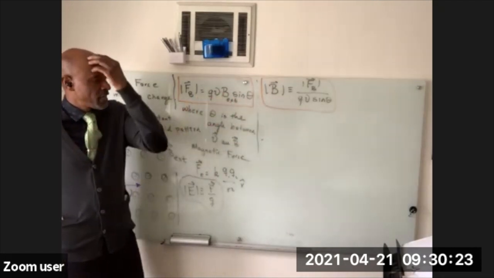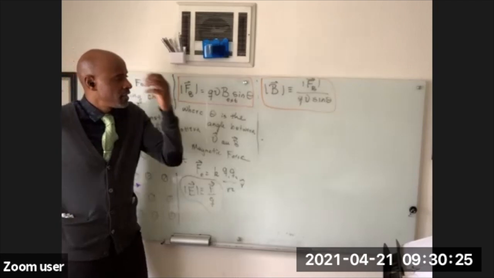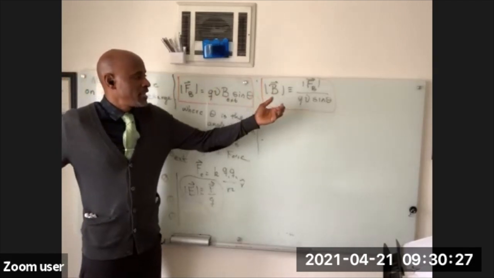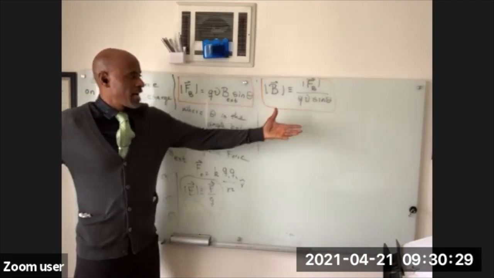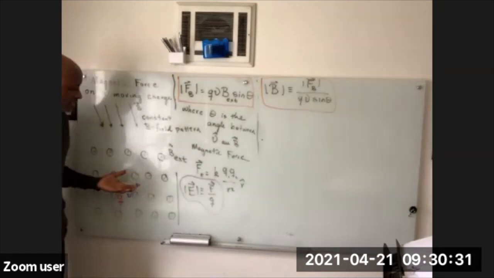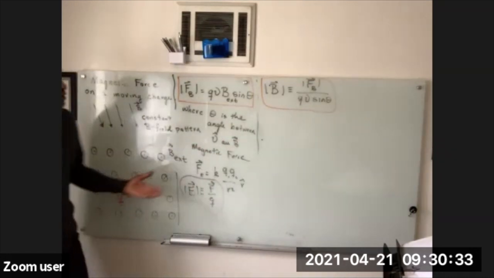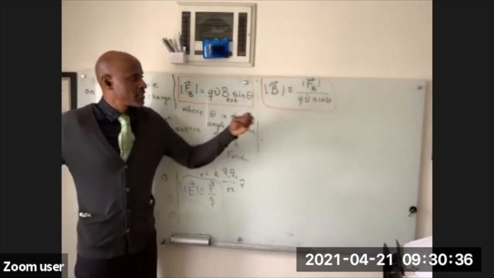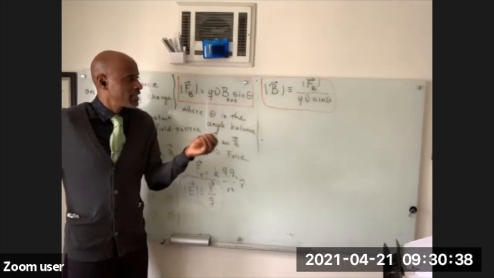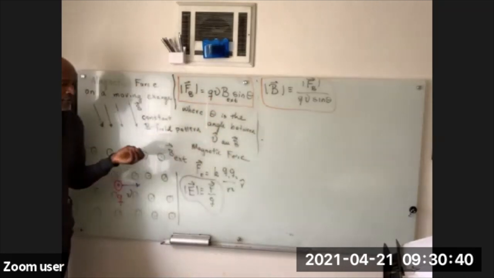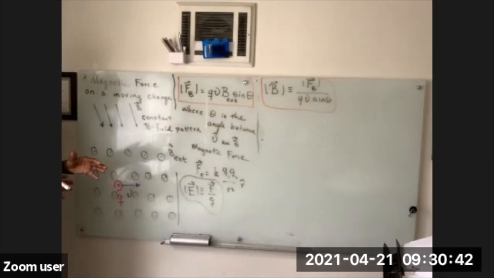I always remind you about empirical formulas. B does not depend inherently on some velocity of some arbitrary charge that just happens to be moving through it. So you can't really use this formula to calculate B for a particular phenomenon, but it still is used as the definition of the field.